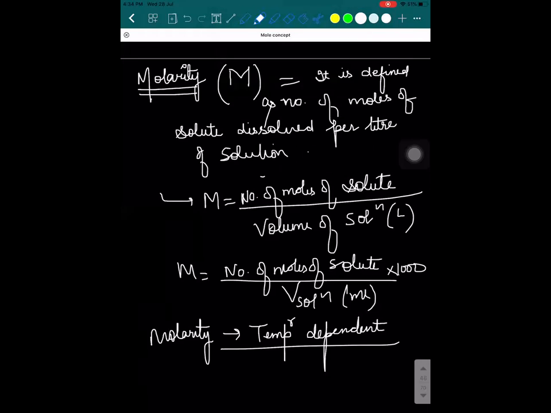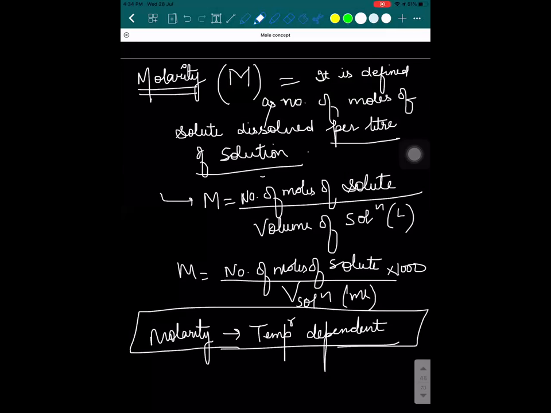That's what Monish is asking, if the solution is in gram. Students are having this doubt when I write the amount. That's why I changed the term. I am saying per liter, so that doubt will not be created for you.